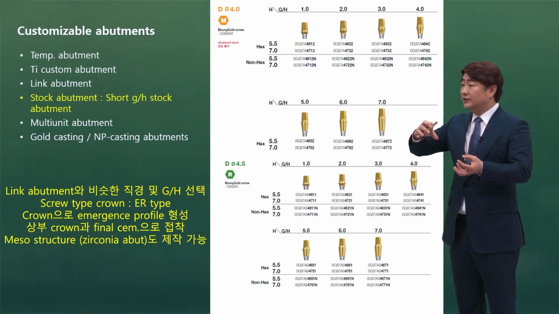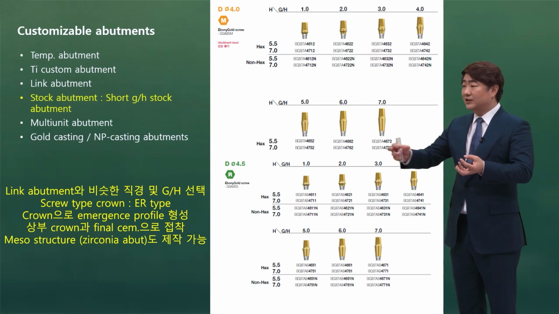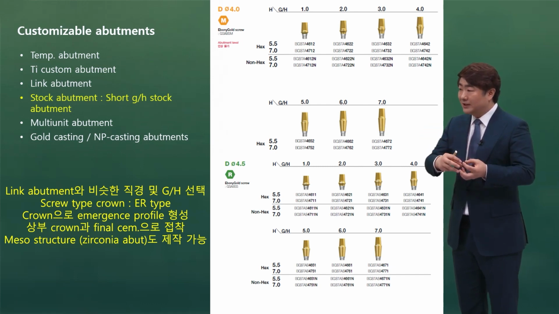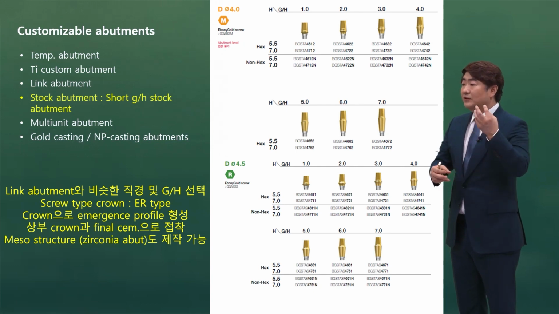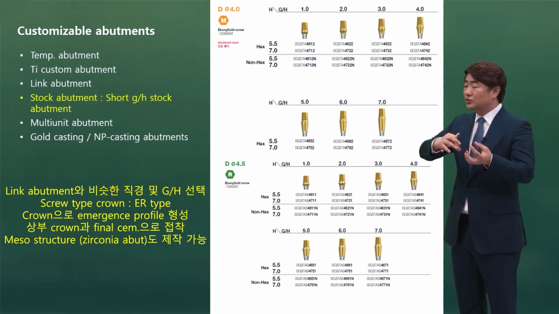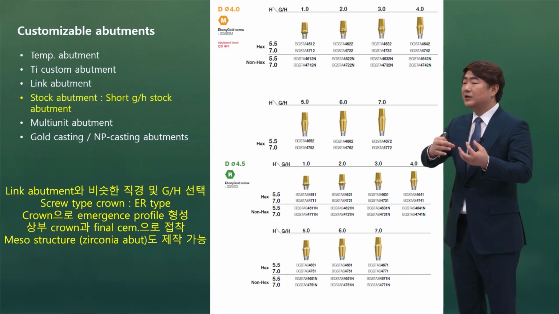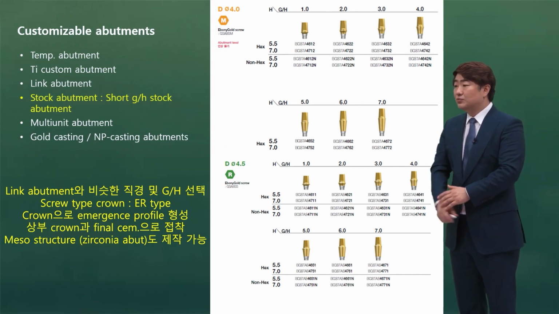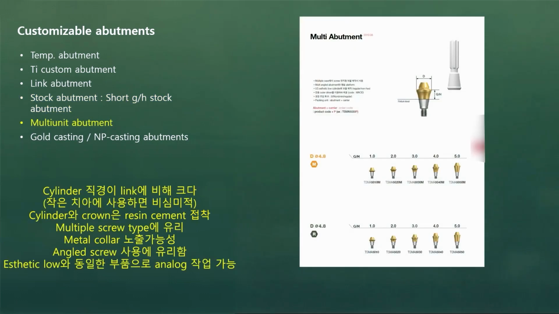On top of that, the crown, including running room, is designed and put on the stock abutment, and then like link abutment, of course you have to use final cement. Then the screw type temporary can be used as if it's link abutment. And theoretically, on top of stock abutment, you can create a mesostructure, but mostly we don't really do that. But in temporary, it's actually very much possible.